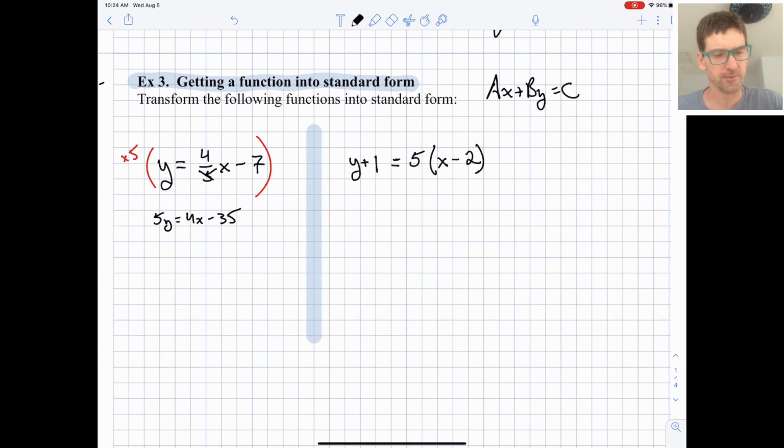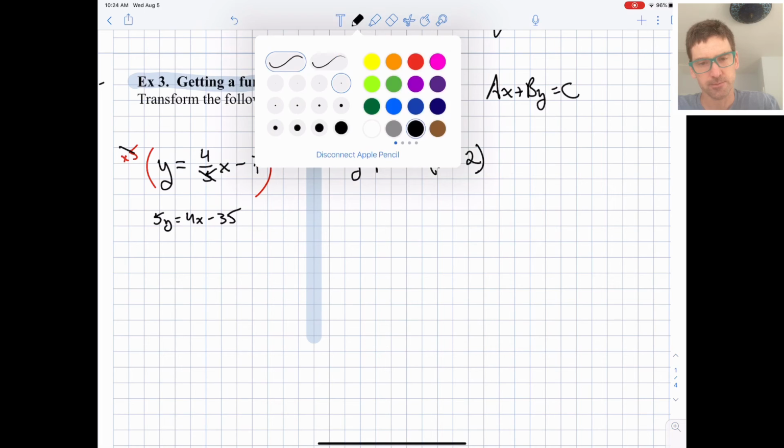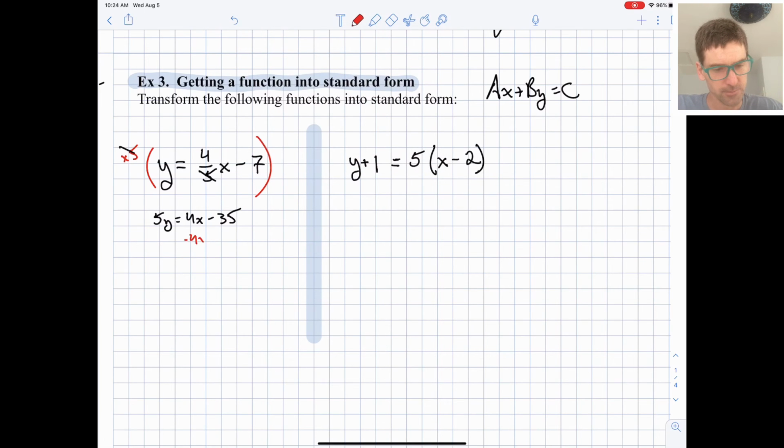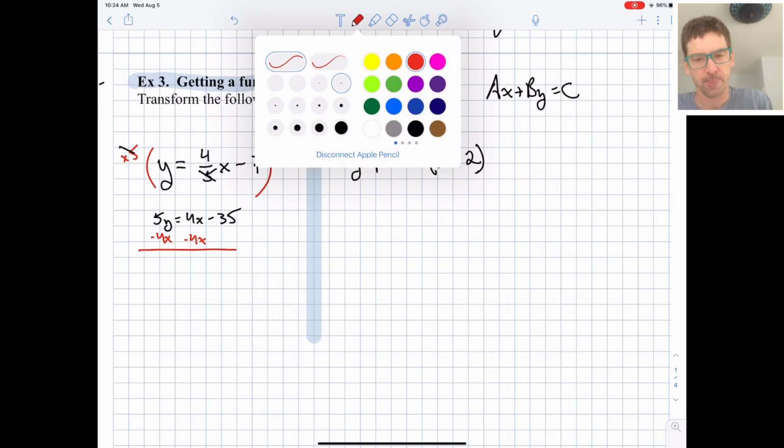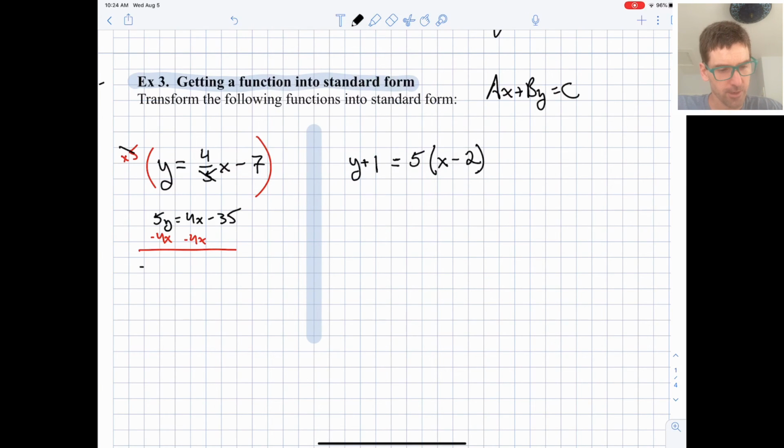This, hopefully you're seeing this 5 and this 5 cancel, okay? And we can subtract 4x from both sides. And we get a negative 4x plus 5y equals negative 35. That's a good place to stop right there, although some people like having the first term be positive.